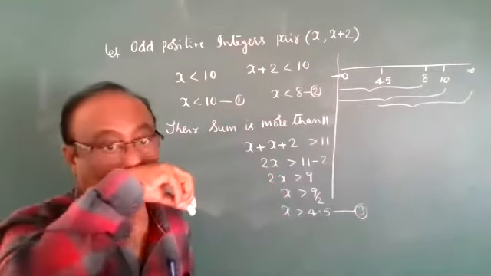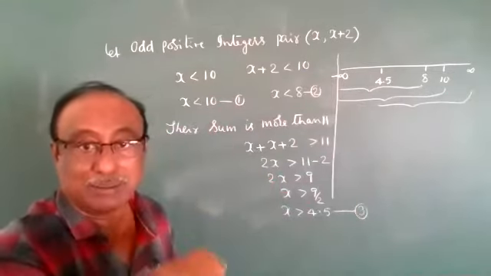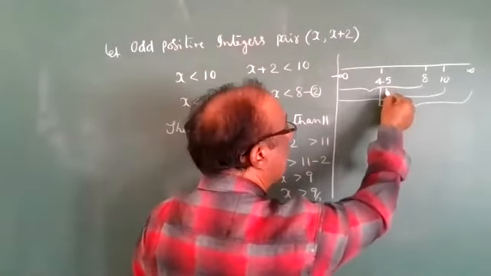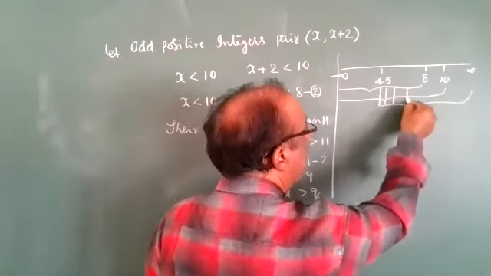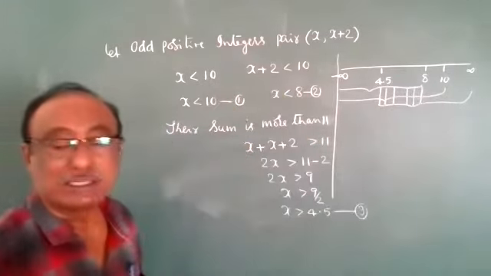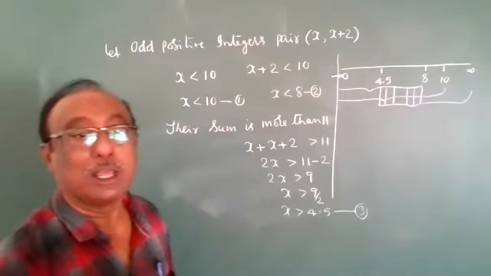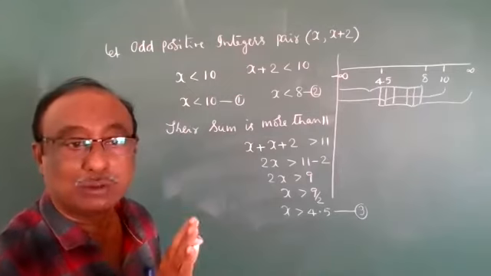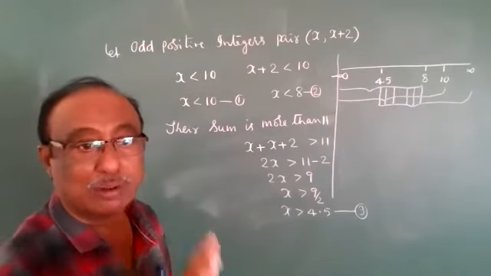You can see three lines are common up to 8. Above 4.5, below 8, not equal to 4.5, not equal to 8.